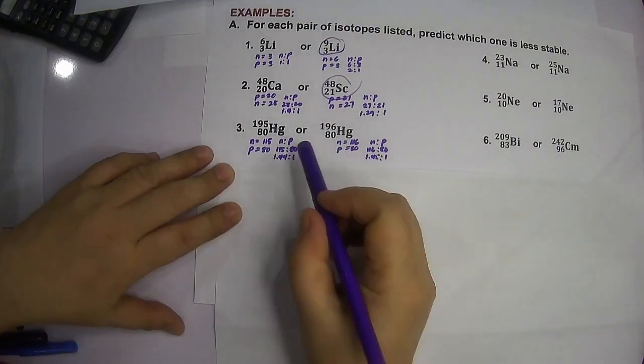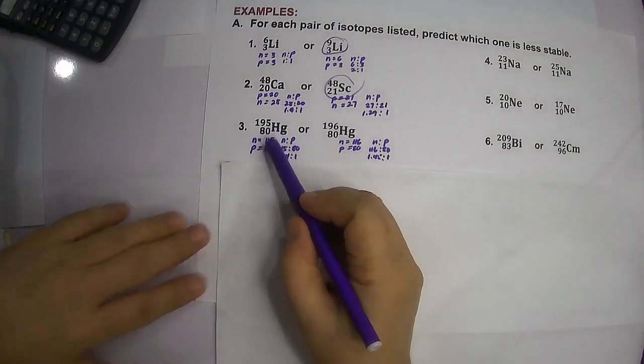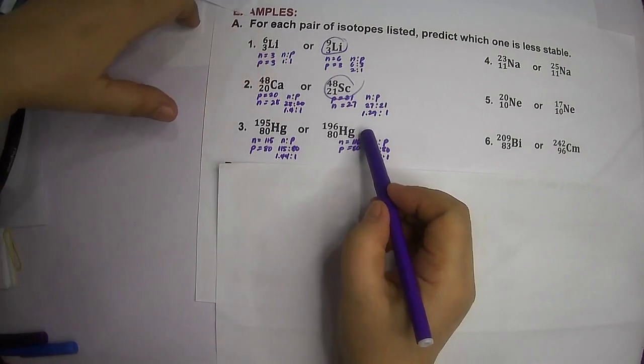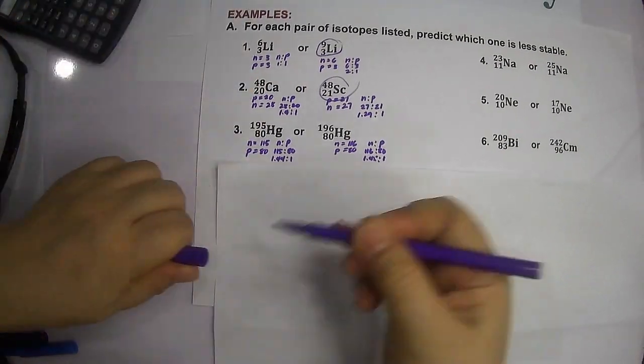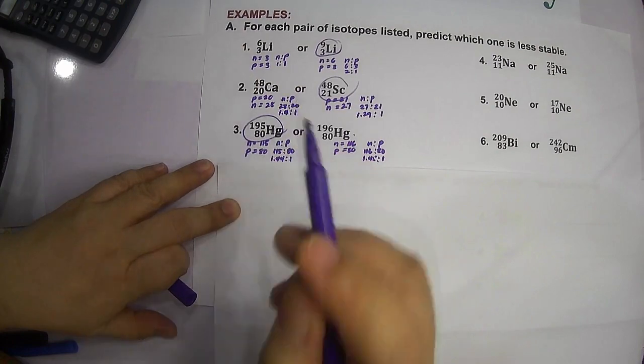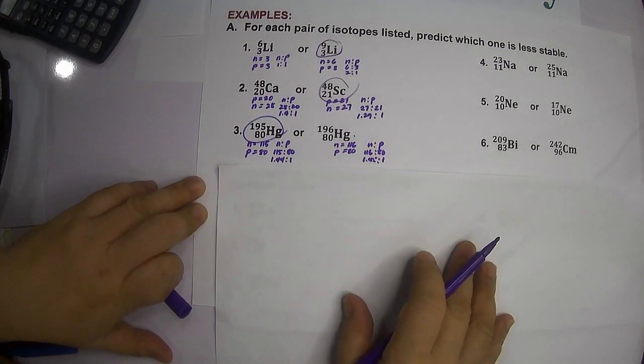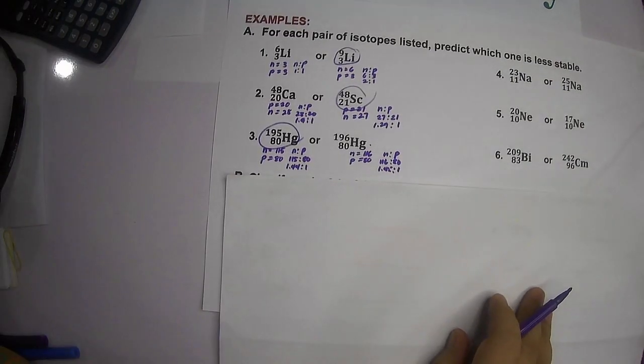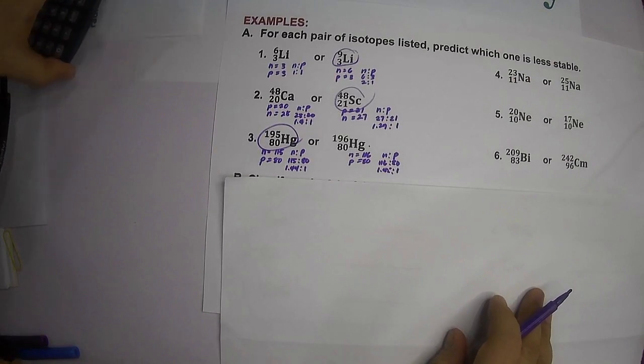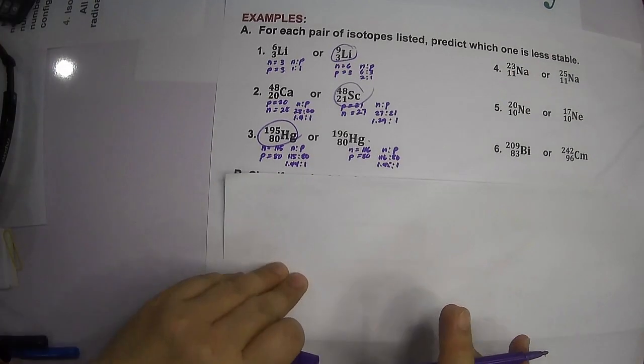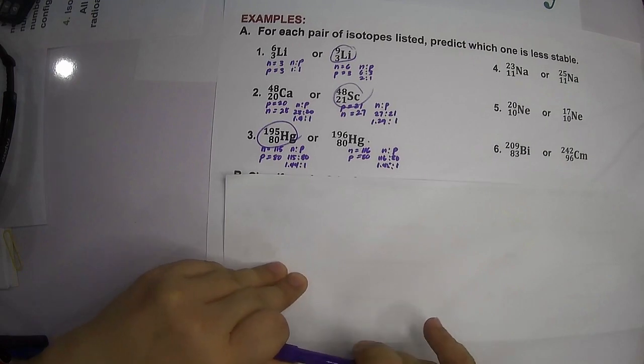However, the 195 is odd-even, and the 196 is even. So this is stable and this is less stable. Okay, that is how we determine which one is less stable and which is stable.